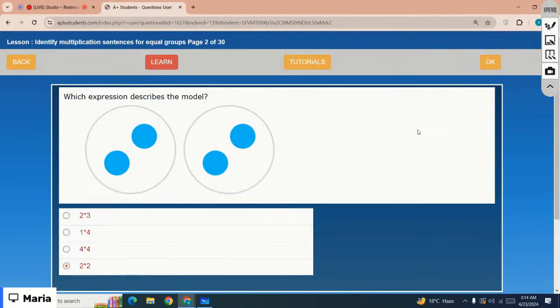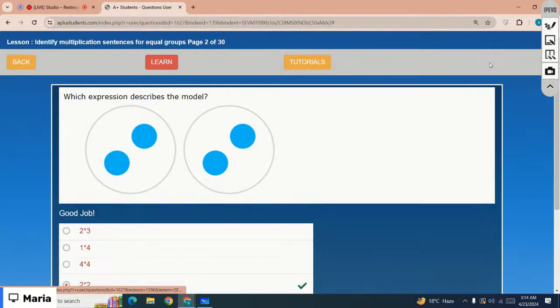So that is 2 times 2. The fourth option is the correct one.